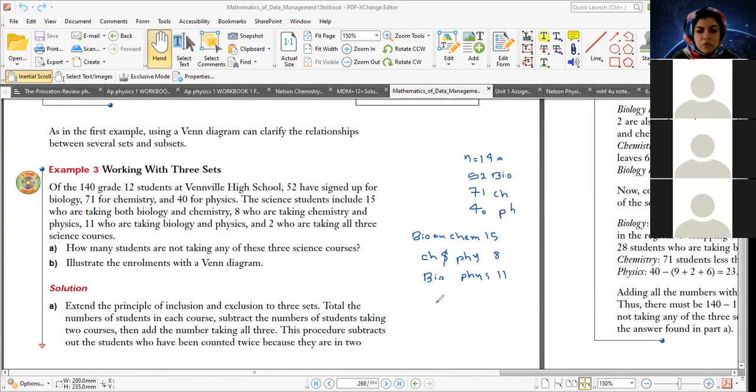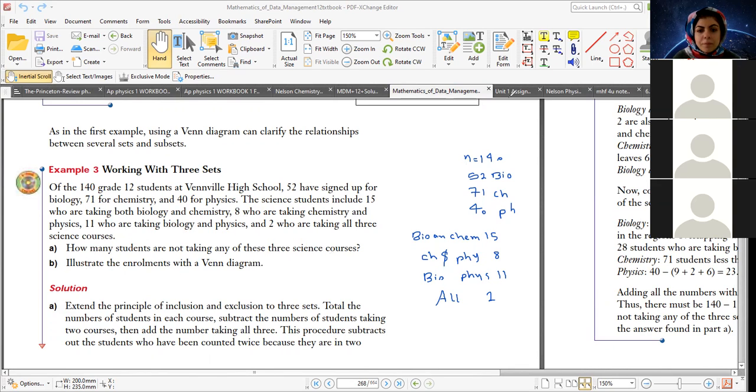And there are 2 people who are taking all of these courses. We have 3 courses, 2 people taking all of these 3 courses. How many students are not taking any of these 3 science courses? Illustrate the enrollment with a Venn diagram.